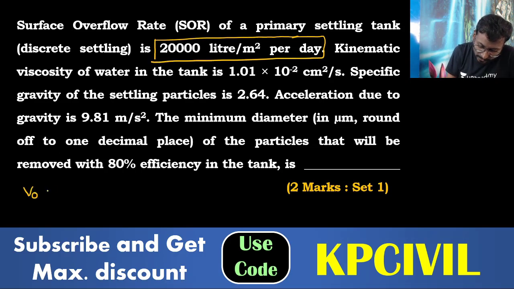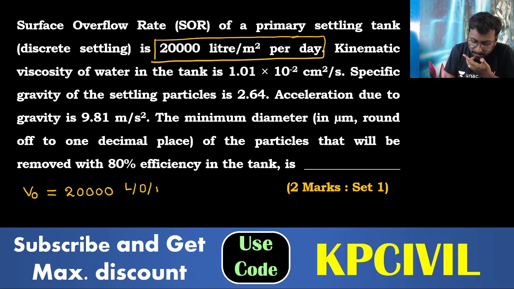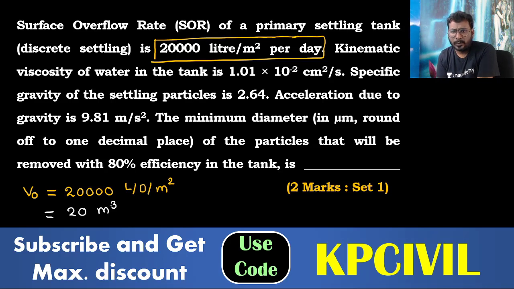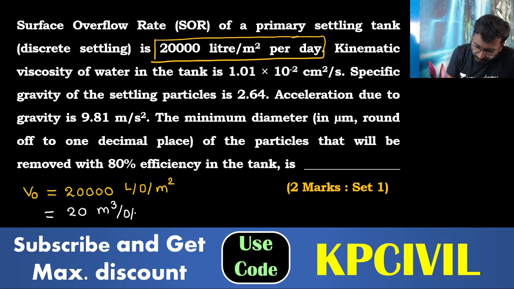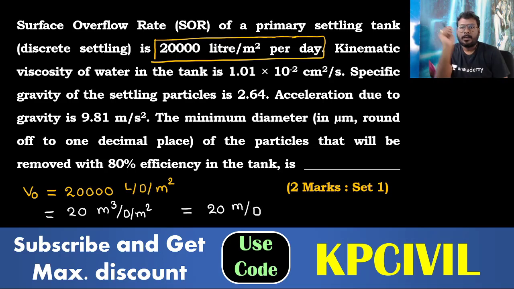So I am writing it in terms of meter cube per day per meter square. 20,000 liters is equal to 20 meter cube, so 20 meter cube per day per meter square. We can take it easily as 20 meter per day. V naught is equal to 20 meter per day.